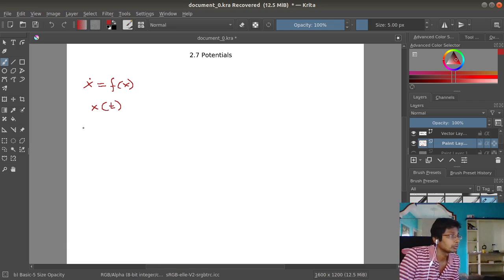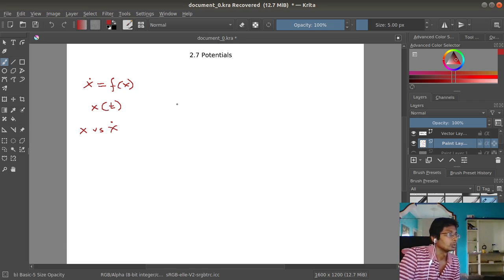In the graphical approach, we make a plot between x and x dot, and from that plot we try to understand how the system is going to behave.